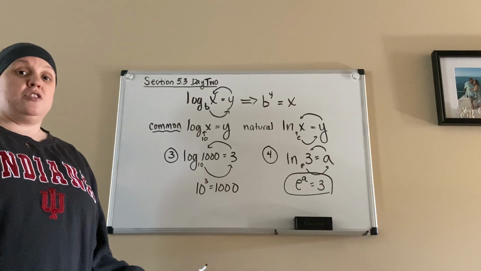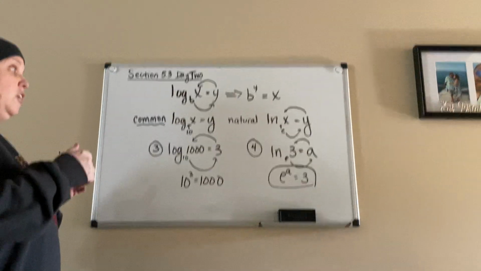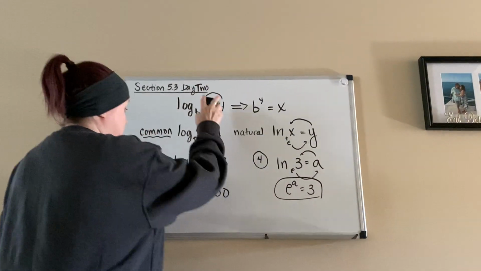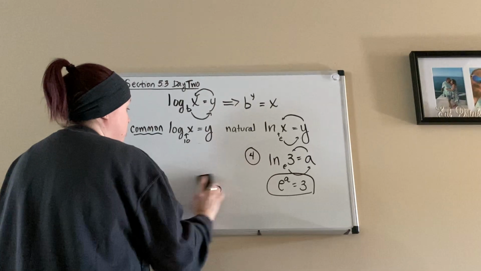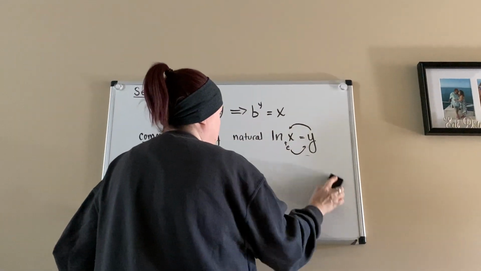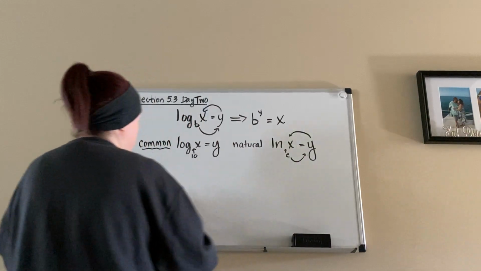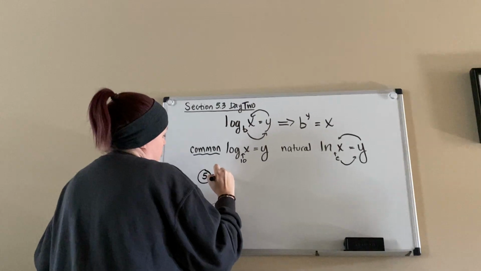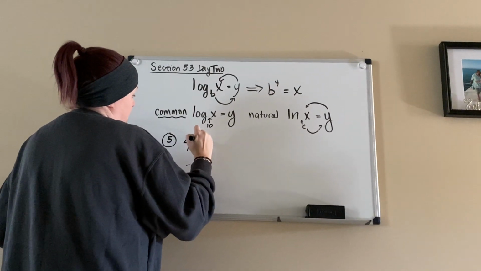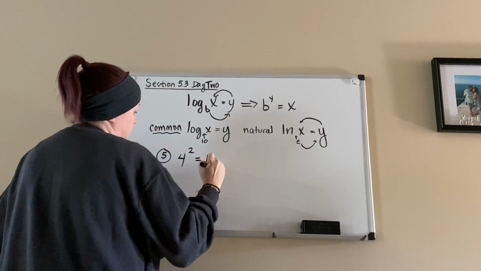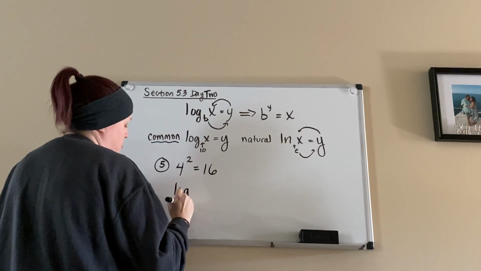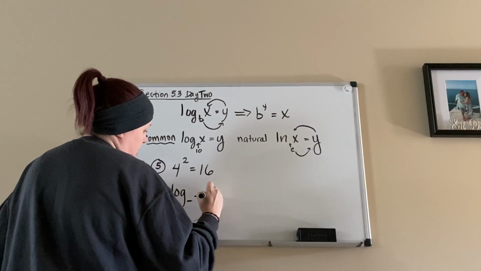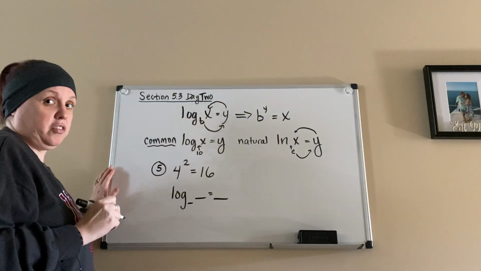So now we're going to go the other direction. We're going to take an exponential and put it in log form. We have common log still, we have natural logs, and we have the basic log up there. You're just going to be given the exponential format of it, and you're going to go backwards. So, for example, if I gave you 4 squared equals 16, and you want to write it as a logarithm, you have to figure out what goes down here in the base, what goes next to it, and what goes on the other side of the equal sign.